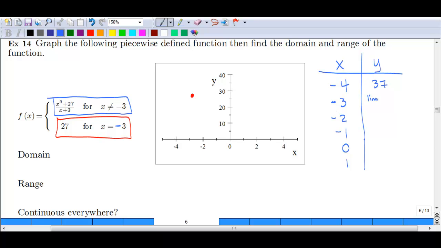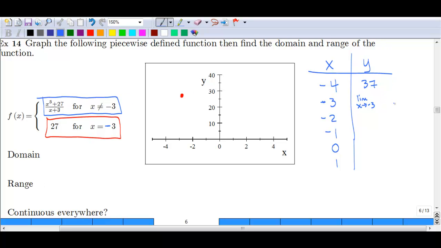So if we look at the limit as x approaches -3 of x cubed plus 27 over x plus 3, we know we're going to have to factor this because it's not defined. If we factor x cubed plus 27, we end up with x plus 3 times x squared minus 3x plus 9, over x plus 3.